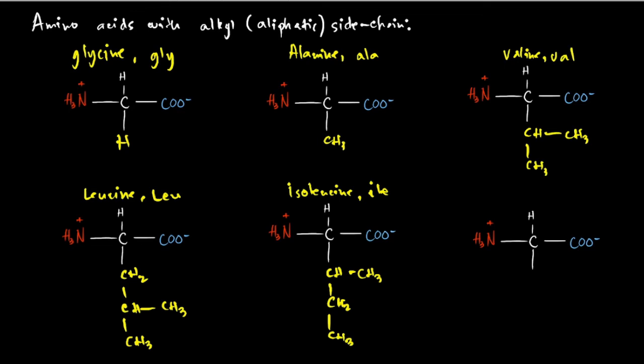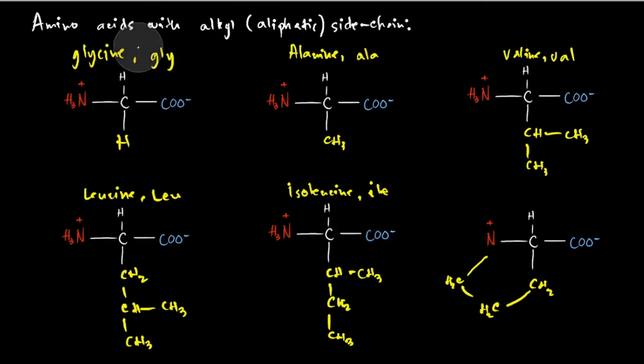And lastly, we have here our proline, the only alkyl amino acid with alkyl side chain na cyclic. So we have here our CH2, then we have here our CH2, then we have here our CH2, which is attached to our nitrogen here. So, ang mangyayari, mababawasan yung ating hydrogen dyan.